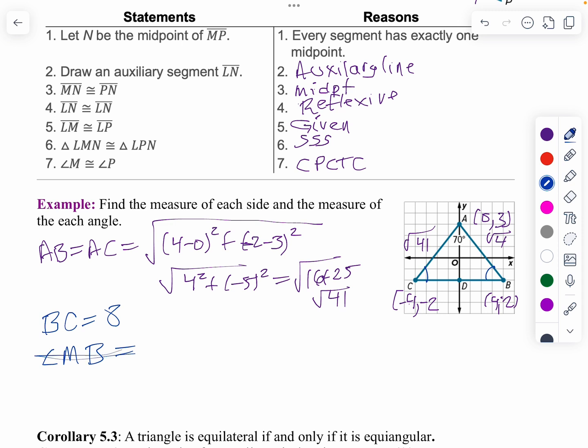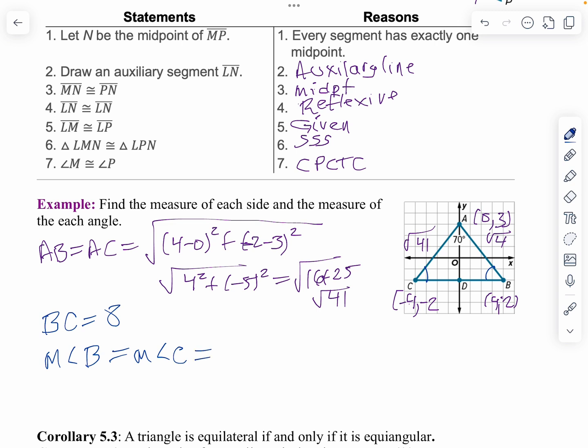The measure of angle B equals the measure of angle C. What I'm going to do is take 180, because of the degrees in a triangle, subtract my vertex angle, which is 70, and divide that by 2 because I know they're the same. So 110 divided by 2 gives us 55 degrees. And there is your answer.